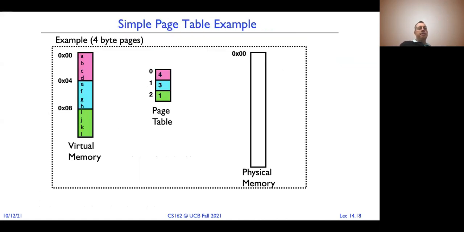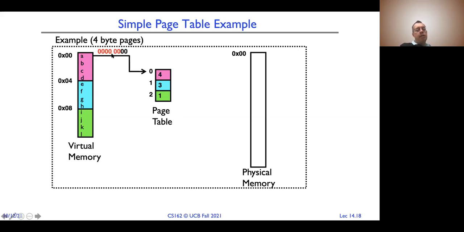So this is a very simple page table. You have a 4 byte page, so it's a trivial example. You have on the virtual memory 4 pages, starting from 0, 4, and 8. And then you have a page table only with 3 entries, right? Because you have 3 pages in the virtual memory.